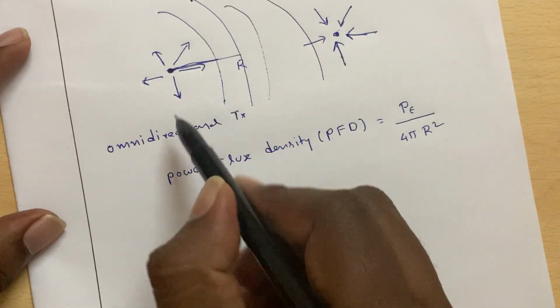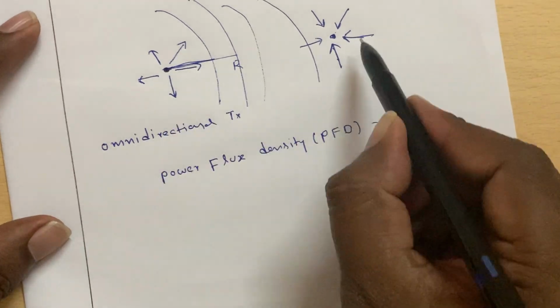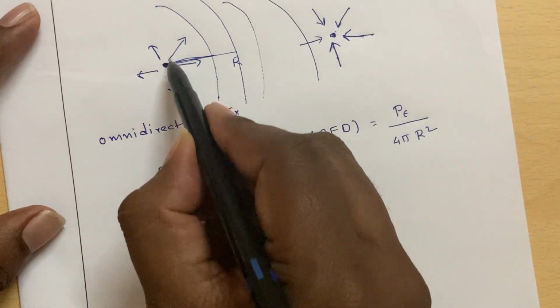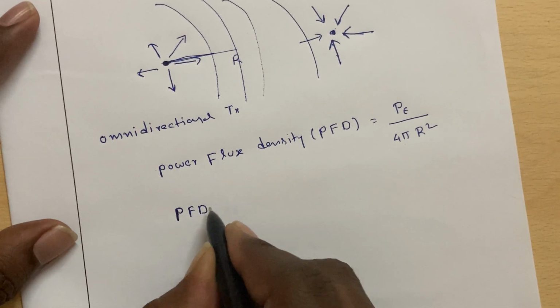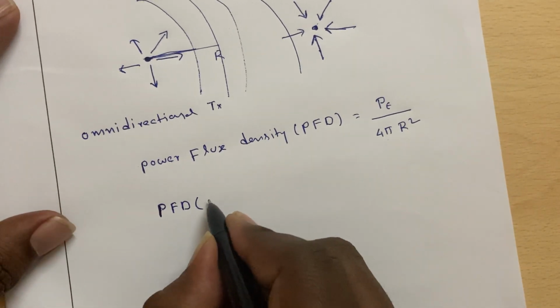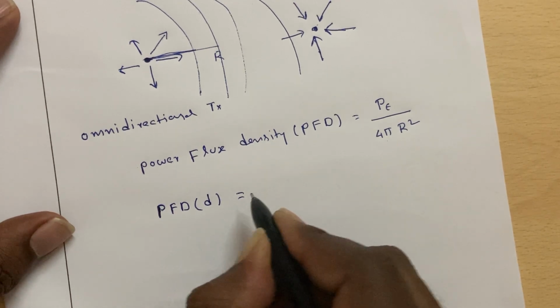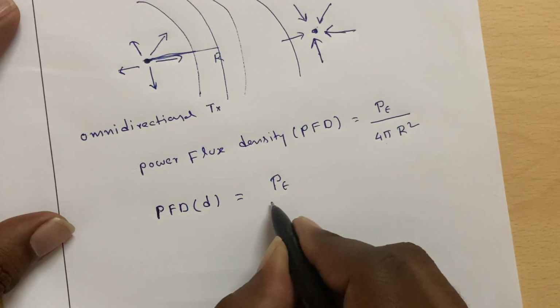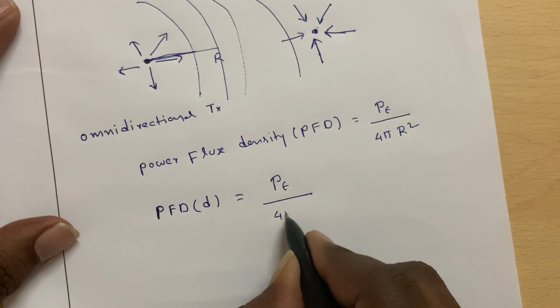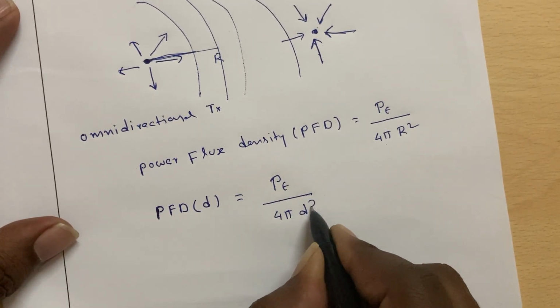At the distance d where the receiver is located from the transmitter, the power flux density is PT by 4 pi d square.